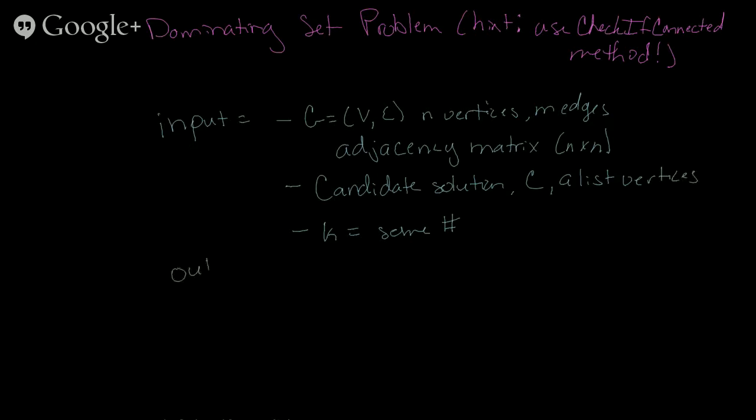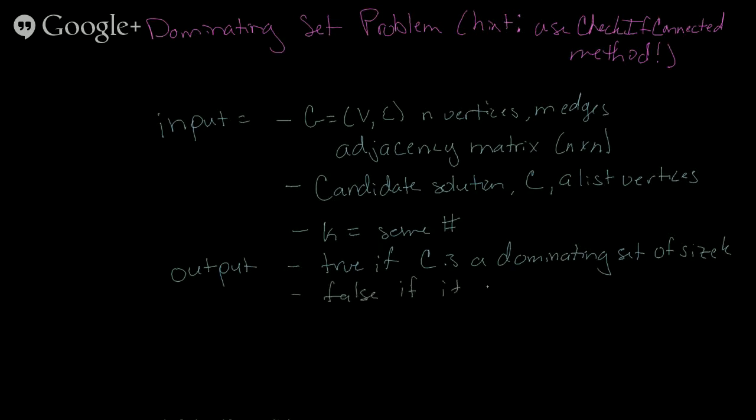And your output, again, is going to be true if C is a dominating set of size K, and false if it isn't a dominating set of size K.